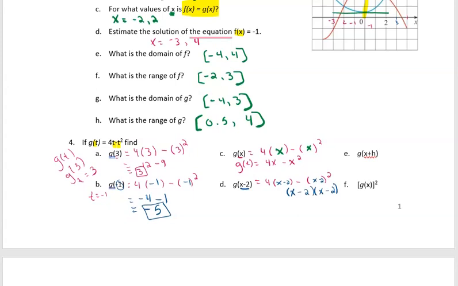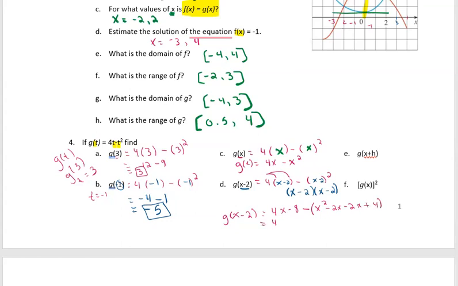So this will look like G of x minus 2 is equal to 4x minus 8, because we can distribute. Minus, x times x is x squared. x times 2 is minus 2x. 2 times x is minus 2x again. 2 times 2 is positive 4.